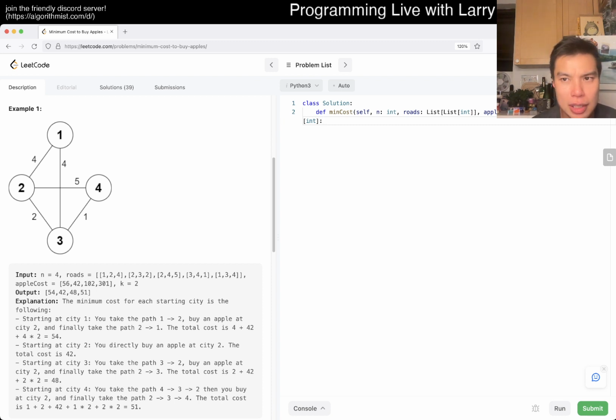Let's say you want to say 42, right? All pairs shortest path.